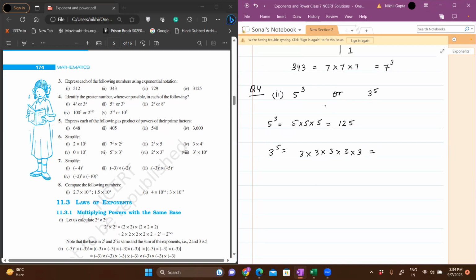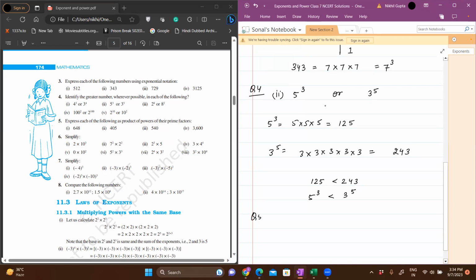So 3 3s are 9. Then again 3 3s are 9, 9 9s are 81, 81 3s are 243. So ultimately, which one is greater? 125 is lesser than 243. So 5 cube is lesser than 3 to the power 5.